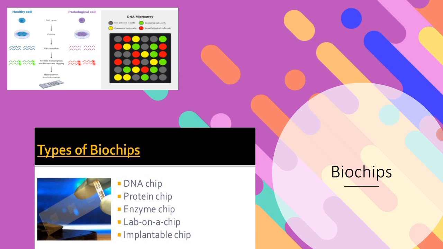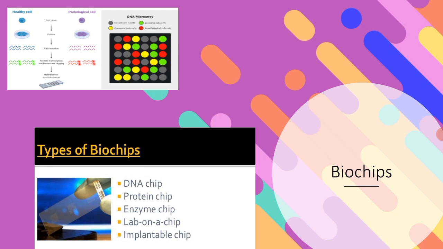In the DNA microarray, fluorescent materials are used such that if the pathological cell is present, it will emit fluorescence, so that we can detect the presence of the pathological cell in a sample. Okay, you observe the dot diagram. In that is the DNA microarray.